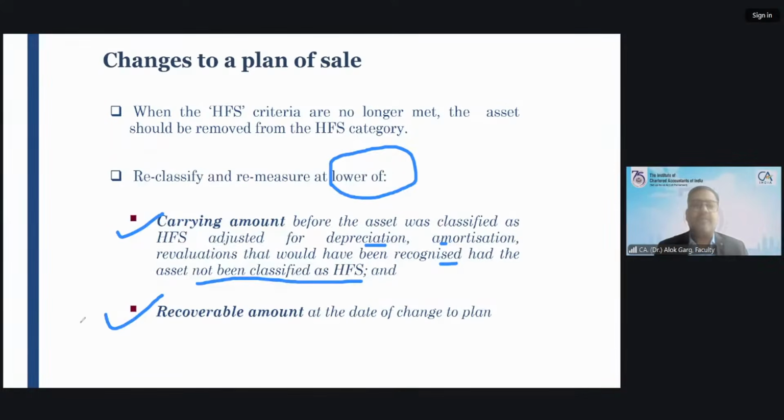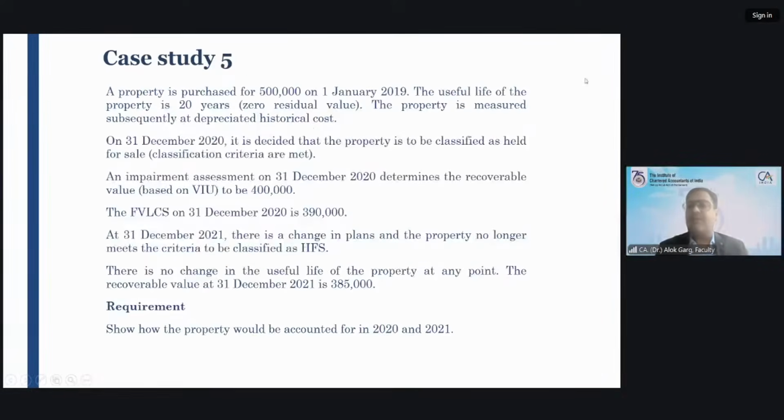Okay, right? So quickly we'll do one question on this and then we'll move to that Word file question. Friends, a property is purchased for rupees 5 lakh on 1st January 2019. Useful life is 20 years, zero residual value. Property is measured subsequently at depreciated historical cost.